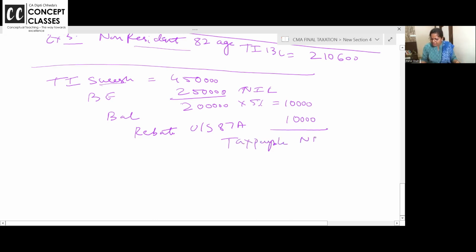Nil. So will you charge surcharge and cess? No. First, you minus the rebate and on the balance tax you charge surcharge and cess. Is this clear to all of you? Always first calculate the tax, minus the rebate, and on the balance add surcharge and cess. Whatever is the final tax payable, on that you add cess.